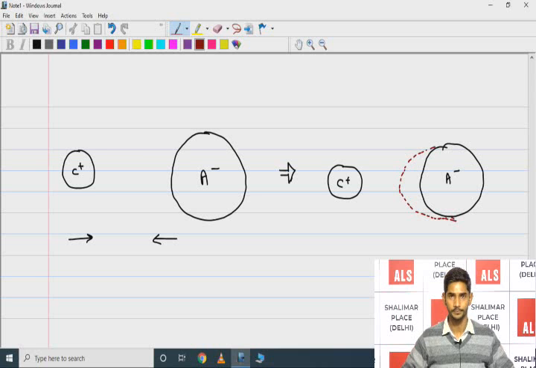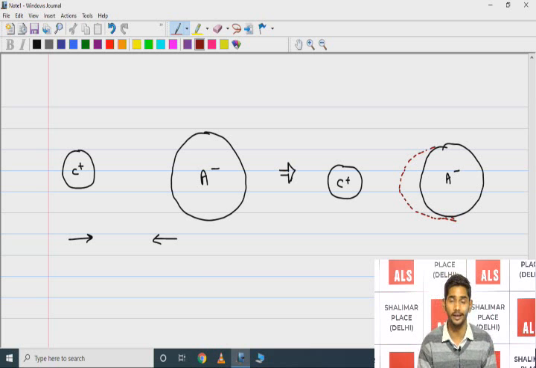Are you getting this? The electron cloud of the anion gets deformed and gets neutralized with the help of the positive charge of the cation, and that neutralized part is known as your percentage of covalent character in an ionic bond. The remaining part remains the same in the form of the ionic bond.